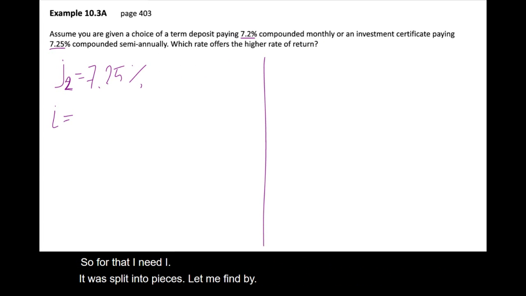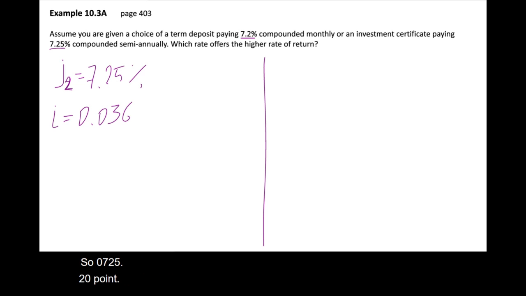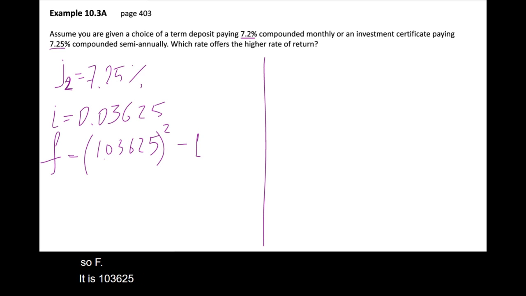So 0.0725 over 2 is 0.03625. So F is 1.03625 exponent 2, minus 1. Let's calculate.